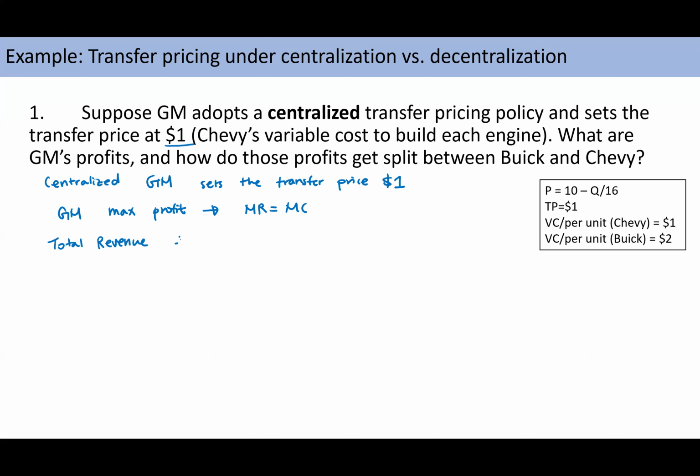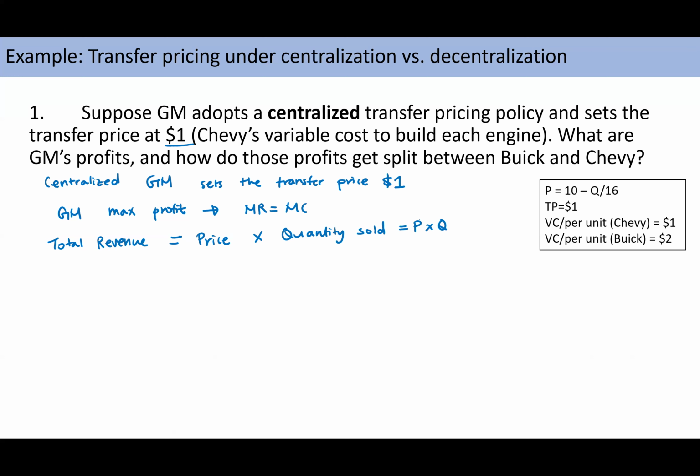So total revenue is just equal to the selling price times quantities sold. And I'm just going to say this is P times Q.